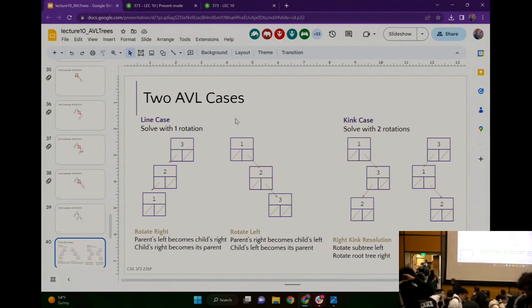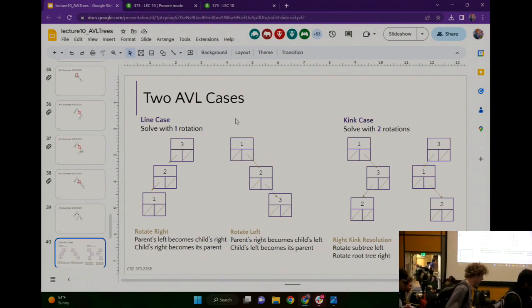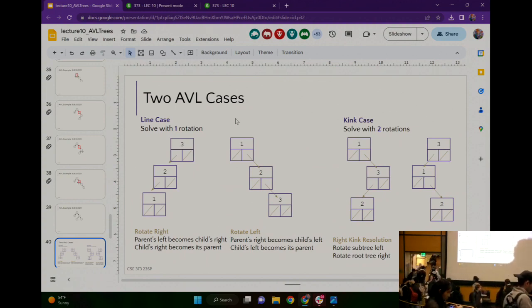Sure. So if you have a tree that has a root node and all the right... I mean, I guess it depends on how tall that tree is.